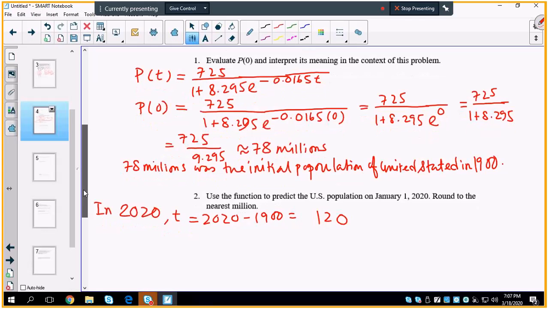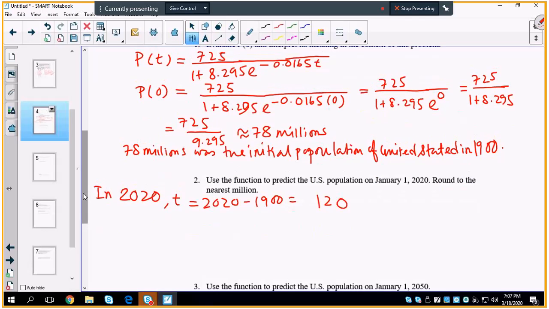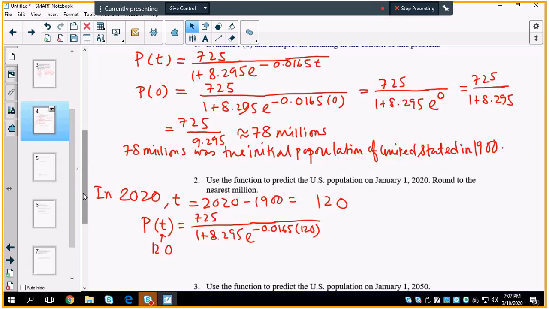So all you need to do in that P(t) equation is put t equal to 120 and see what happens. So it is 725 over 1 plus 8.295 e to the power minus 0.0165 times 120. I will do the rest of the calculation on my calculator and round to the nearest whole number.